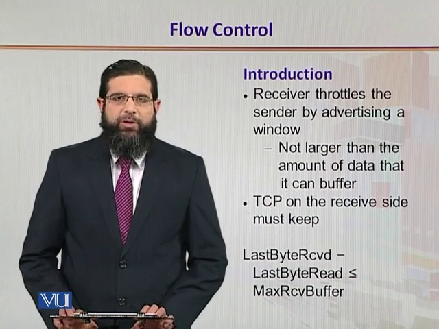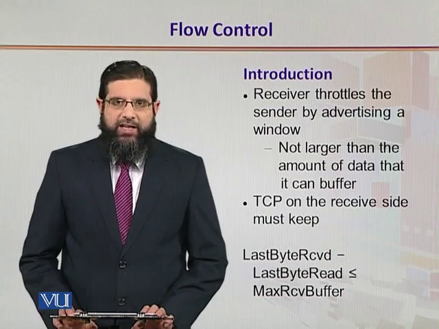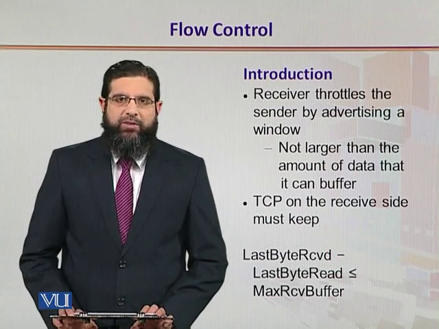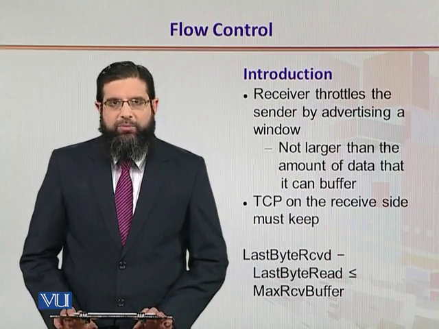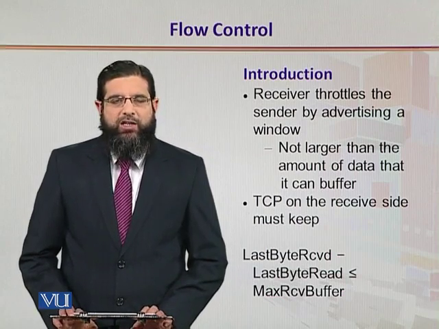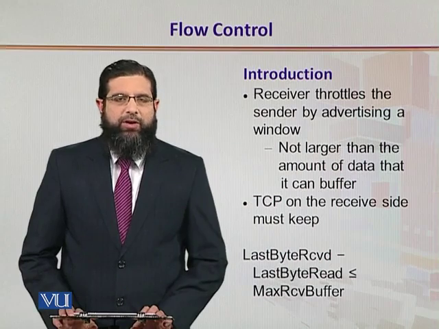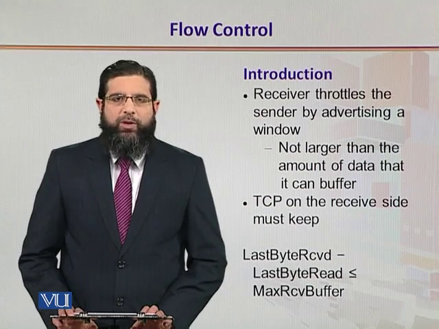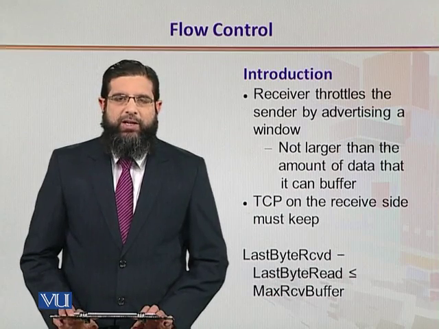The relationship between the received and read bytes is that if the data is being received at a very large rate, but it is being read slowly, it is going to result in reduced buffer availability. But if the data is being received at a large rate and at the same time it is being read very quickly, that will keep the buffer available and the sender can transmit at an unthrottled rate to the receiver.